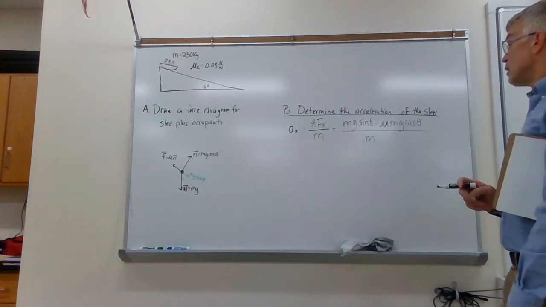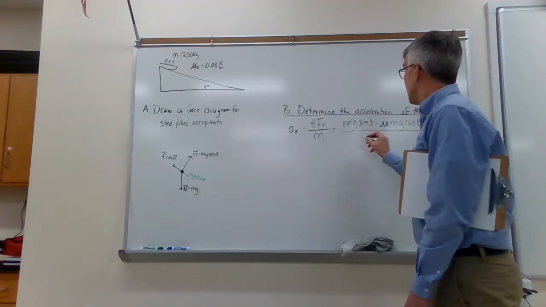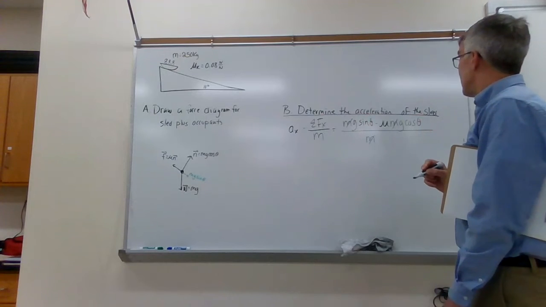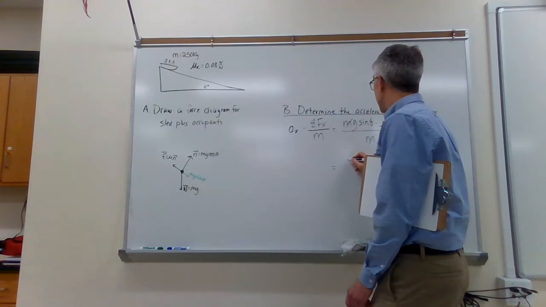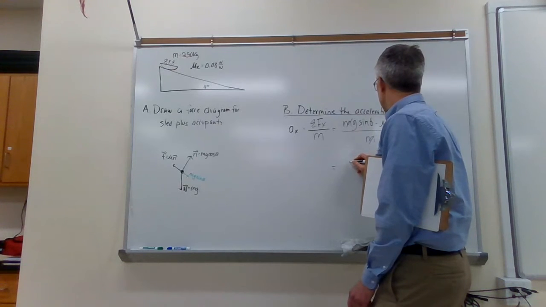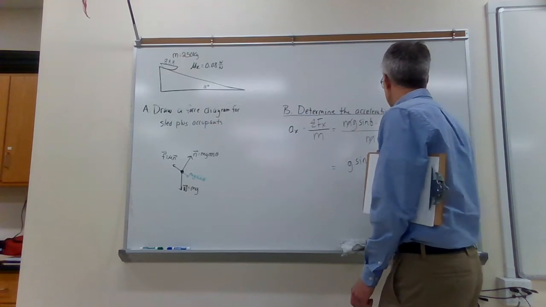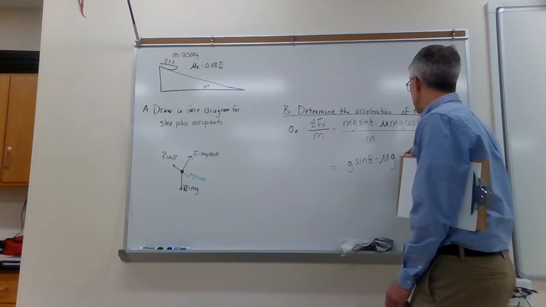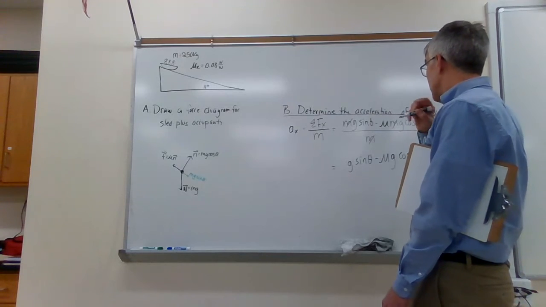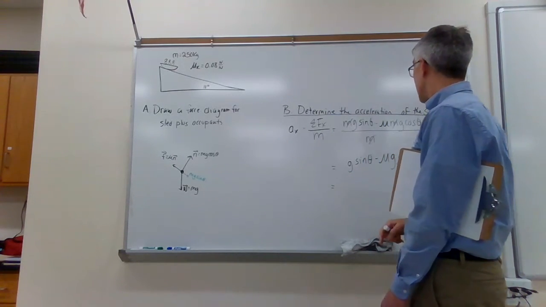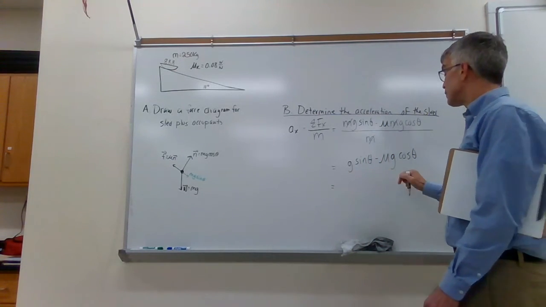Now, you might recognize that the masses cancel out. So this simplifies to just g sine theta minus mu g cosine theta. You might also recognize I can factor out the g's, so I'm going to do that.